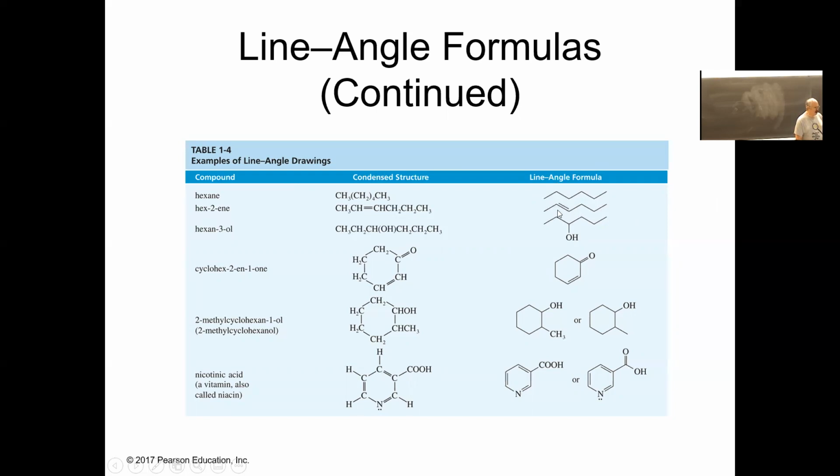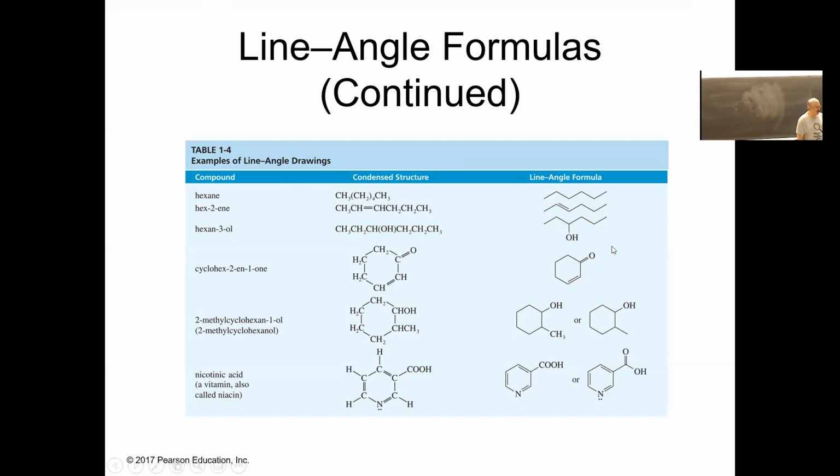Since carbon forms 4 bonds and 3 are shown, we assume that the 4th one is to a hydrogen. Same way with the third carbon. And then the 4th carbon, we assume that since 2 bonds are shown, the other 2 are to hydrogens. And that's what our condensed formula shows us, CH2.